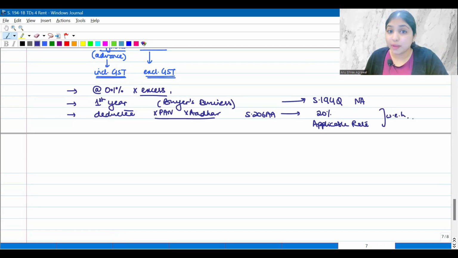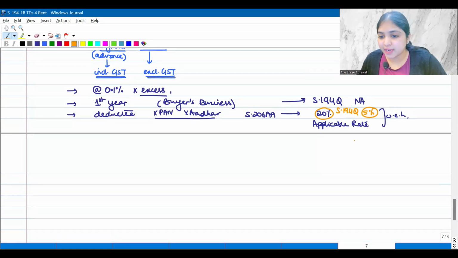But however, there's one small catch. If we are talking about section 194Q, instead of 20%, you will take it as 5%. Are you understanding? If it is section 194Q, instead of 20%, you will take the 5% number.